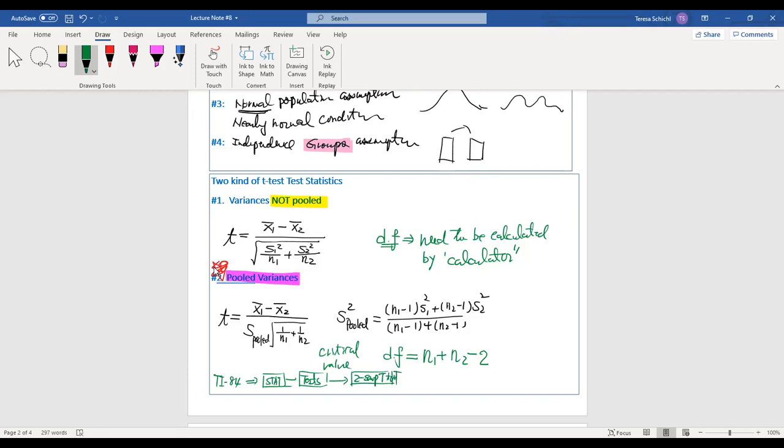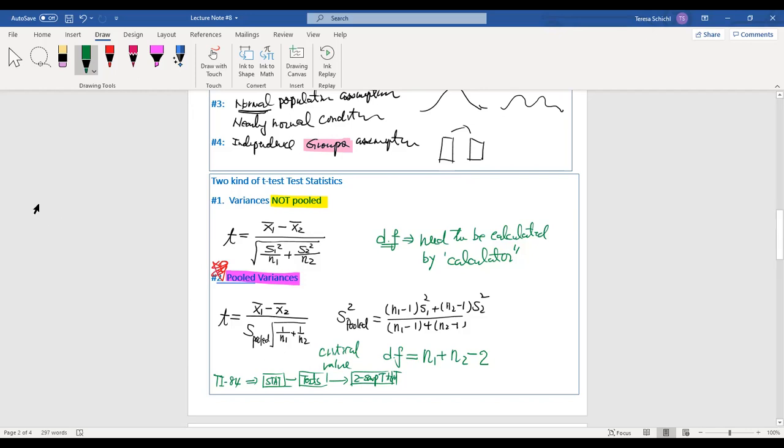Then you can input your information, so input your data. After you input your data, it will ask whether you want to pool or not, and you will be able to choose it.